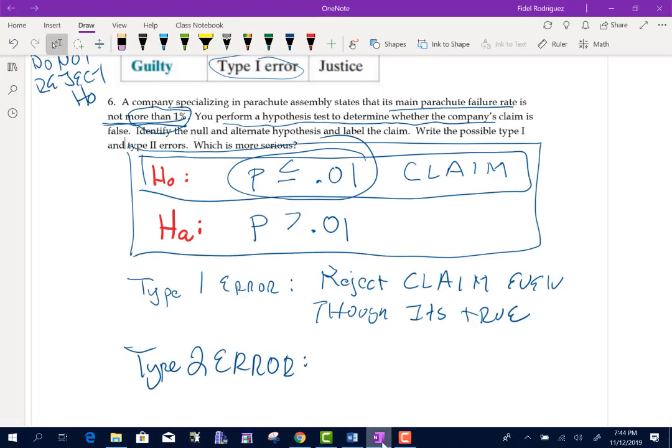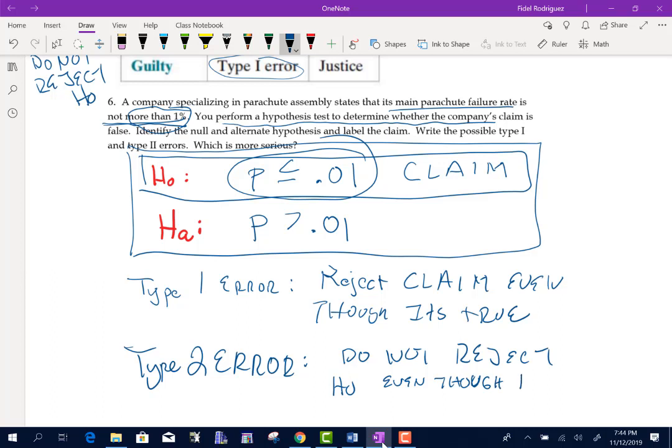So we do not reject the H0 even though the H0, or the null hypothesis, is false. So in this case, I would say a type 2 error is probably more serious, right?